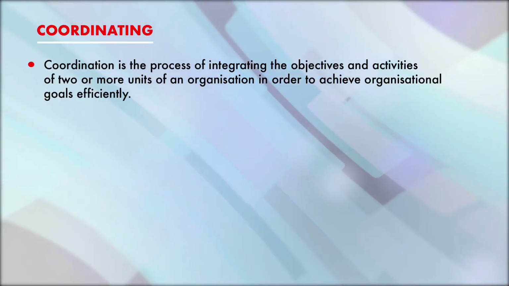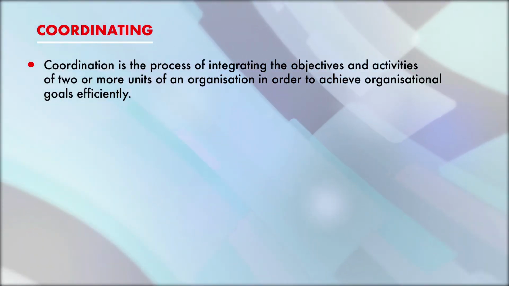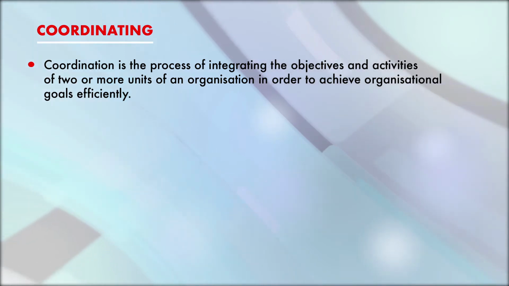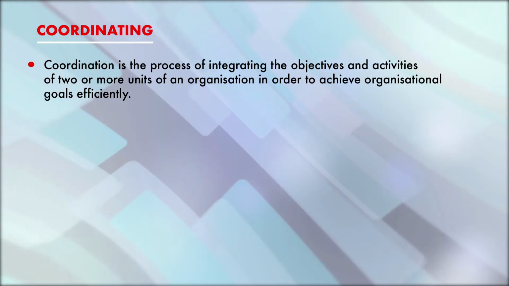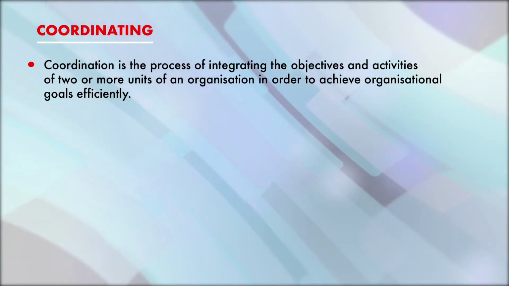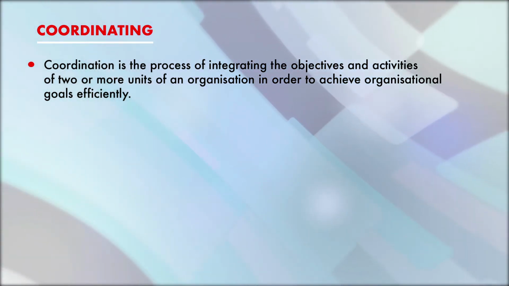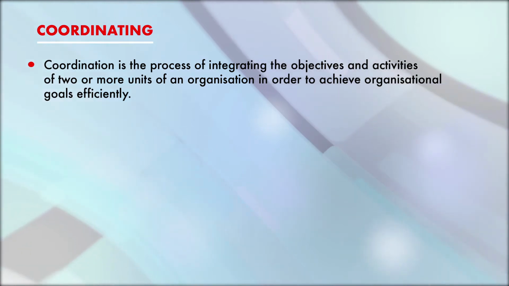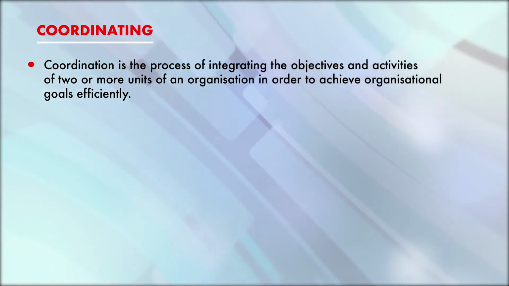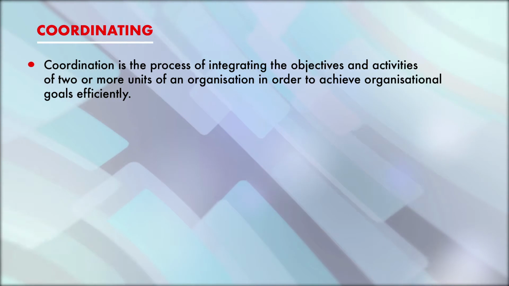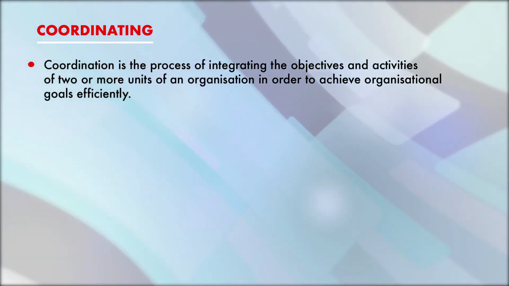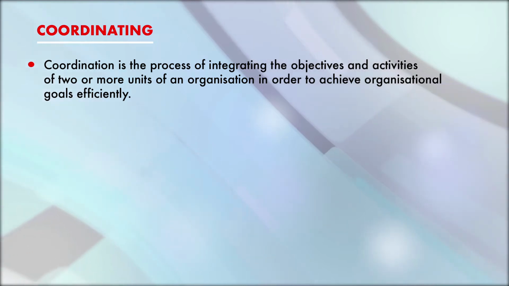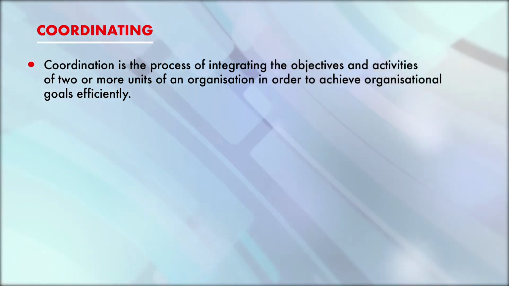The next function is coordinating. It is teamwork. It is the work by which our organization works smoothly. Coordination is the process of integrating the objectives and activities of two or more units of an organization in order to achieve organizational goals efficiently.